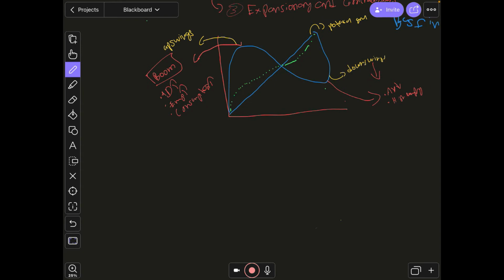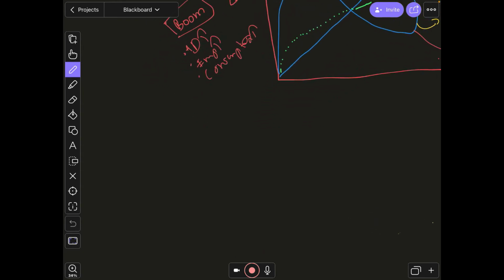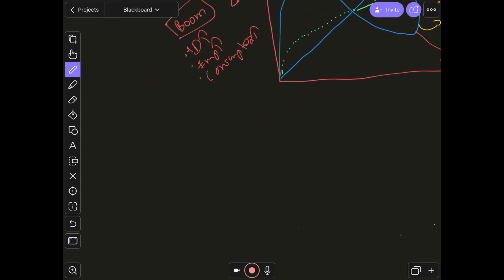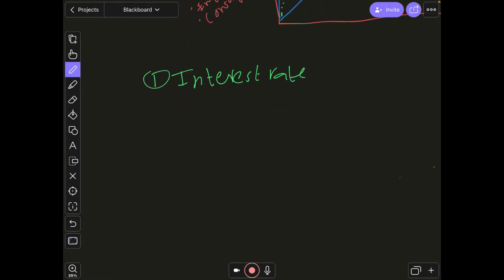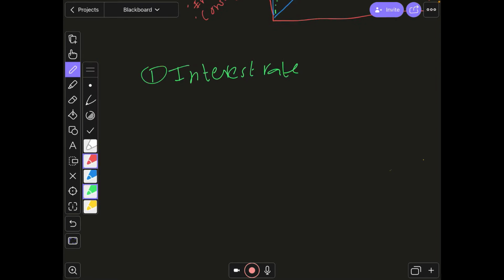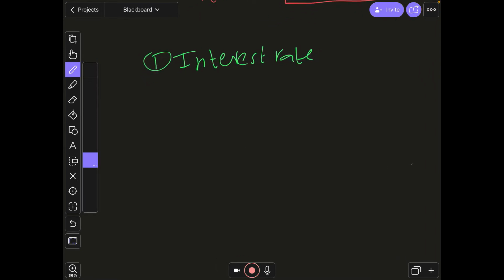Then let's move on to the different tools of monetary policy. The first tool of monetary policy is interest rate. Now, interest rates, it's a very interesting concept. So let's say I go to a bank right now. This is a bank. This is me again.